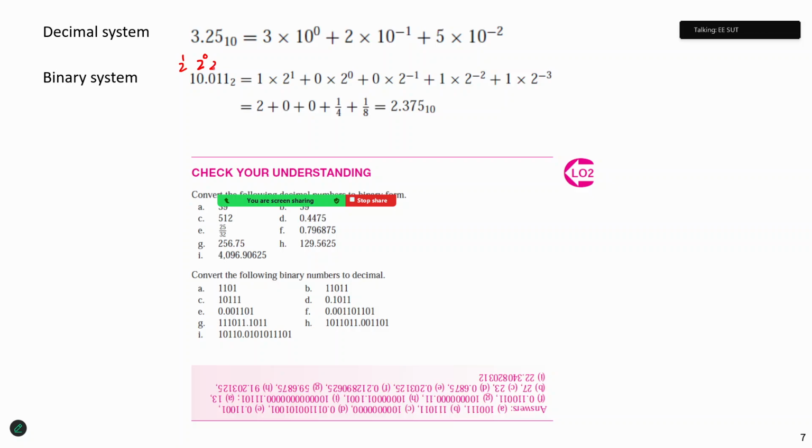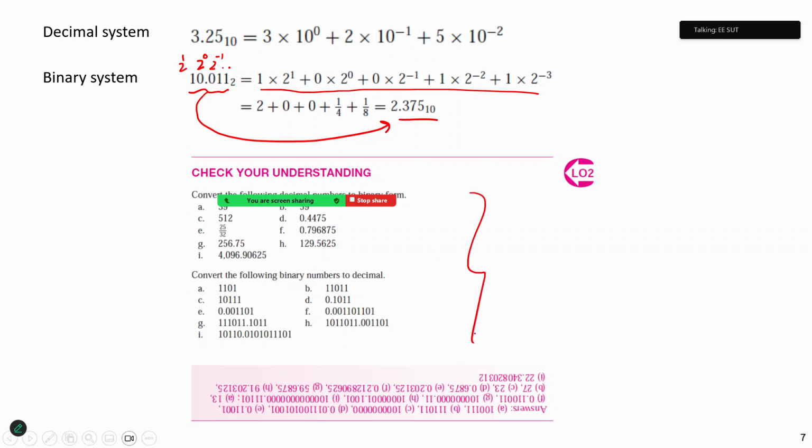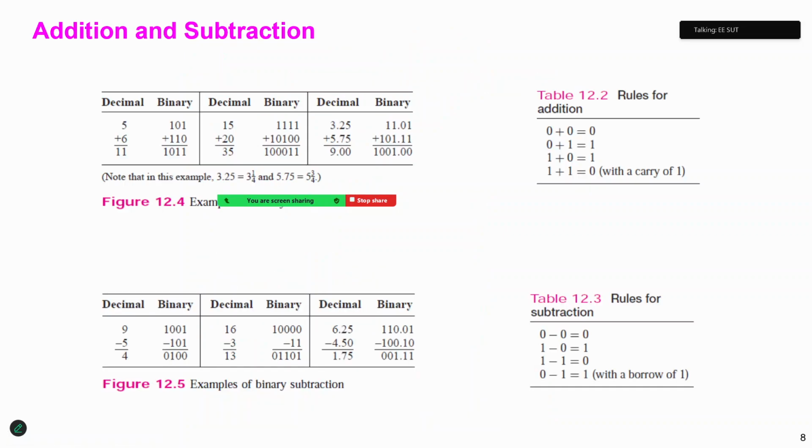And this will be 2 power minus 1, minus 2, minus 3, like this. So this value will represent 2.375 in base 10, right? Okay. So this is just for you to practice your understanding. I think it's not so difficult.